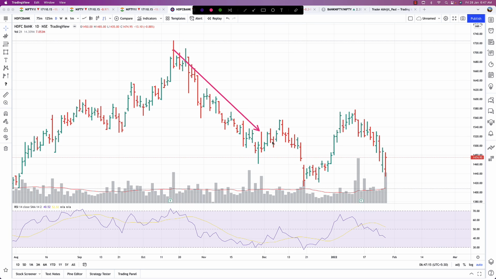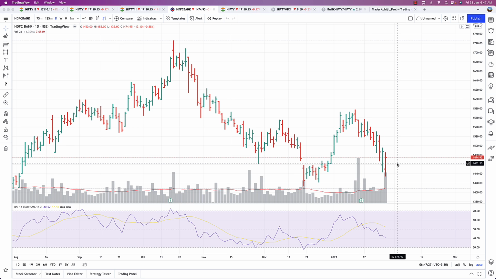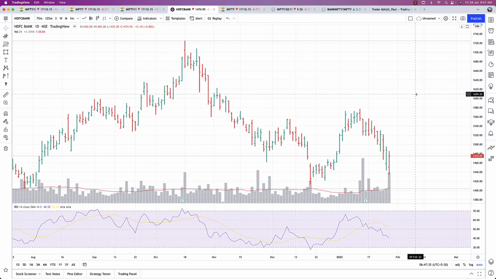Then we will discuss this bounce back and did it give any signal here for this correction, with the help of volume profile, anchored VWAP, conventional volumes, and yes, if RSI supports that signal, that possibility.